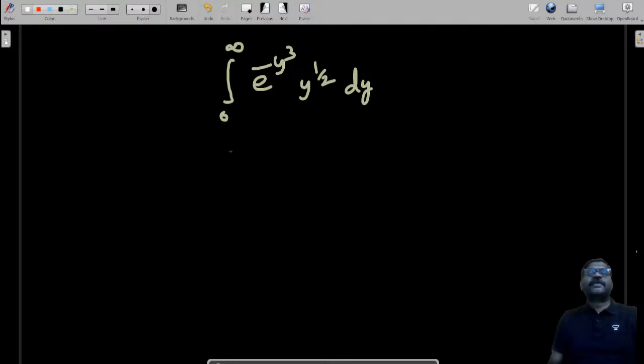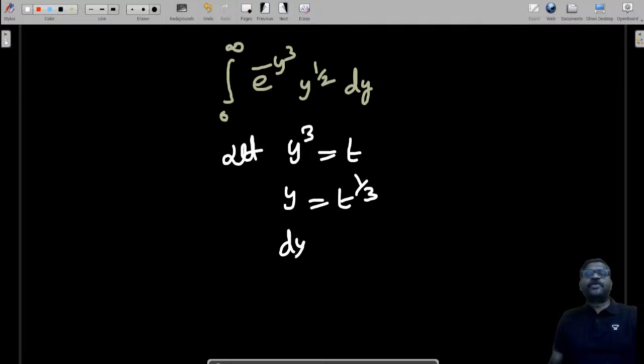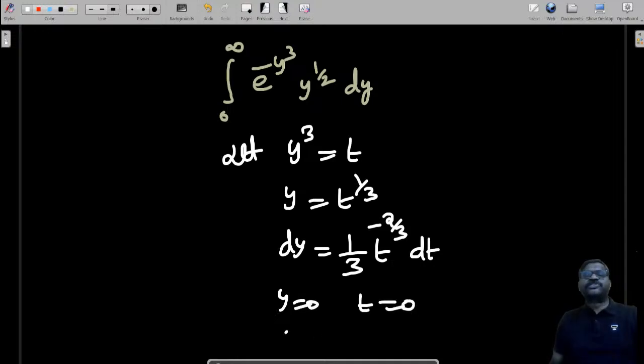Let us take y cube equal to t, y equal to t power 1 by 3, dy equal to 1 by 3 into t power 1 by 3 minus 1 dt. When y is 0, t is 0. When y is infinity, t is infinity.